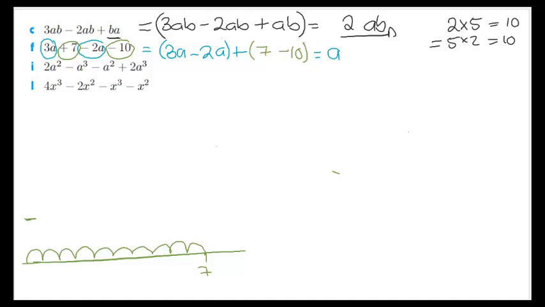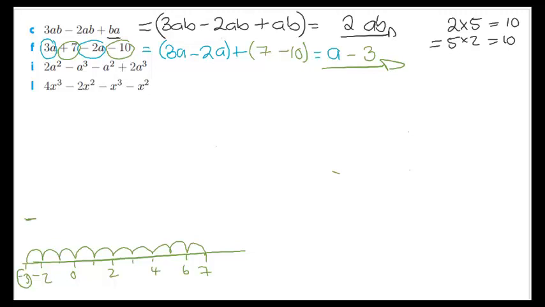So that's going to be 6, 5, 4, 3, 2, 1, 0, minus 1, minus 2, minus 3. So my answer is going to be minus 3. And that's my final answer. A minus 3.